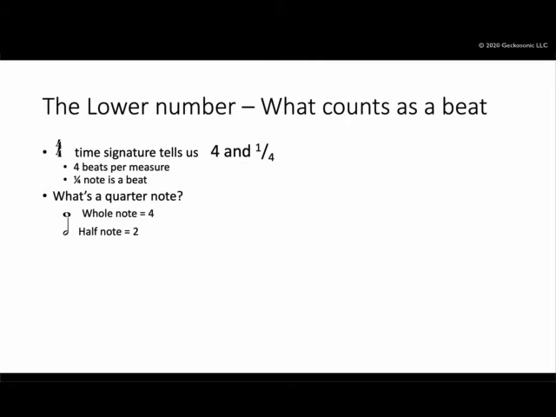You with me so far? A quarter note is a filled in oval with a stem, and it's 1 beat. So a 4/4 signature is telling us there are 4 beats of these quarter notes in time value in every measure of the song.